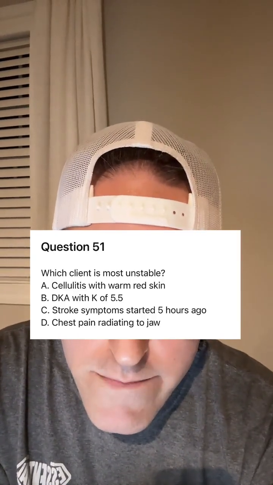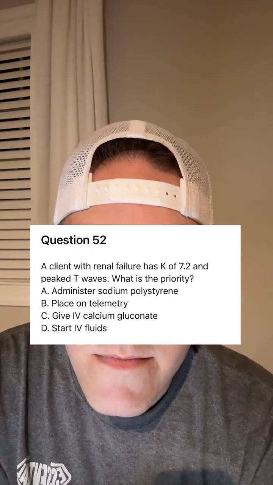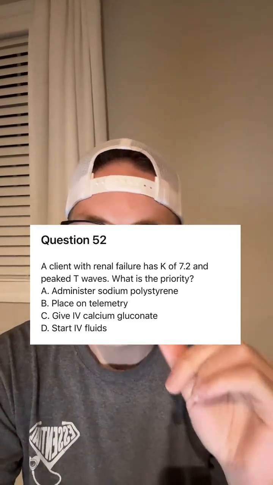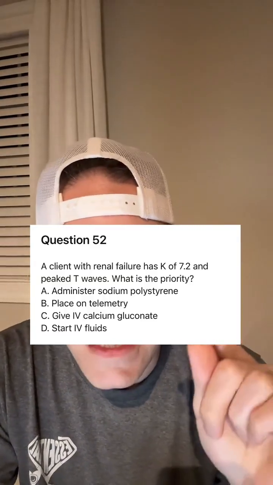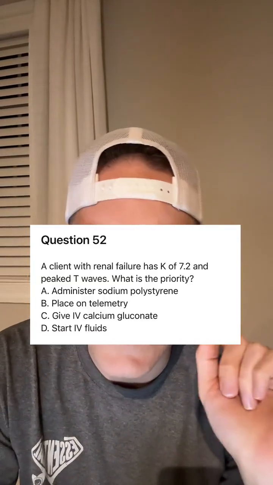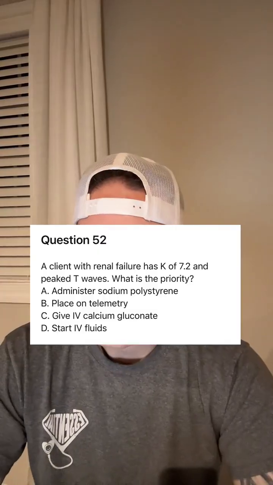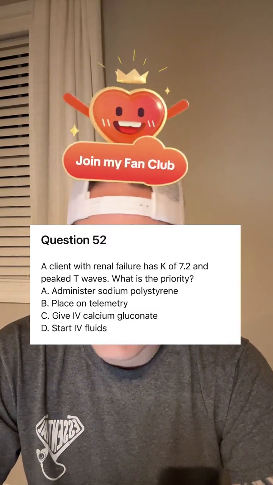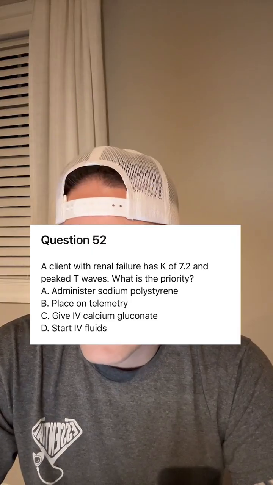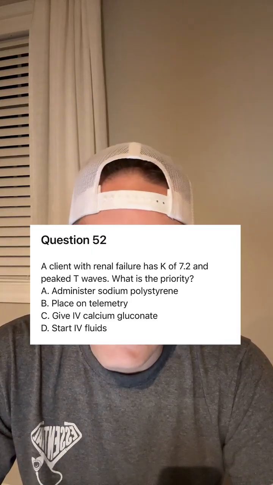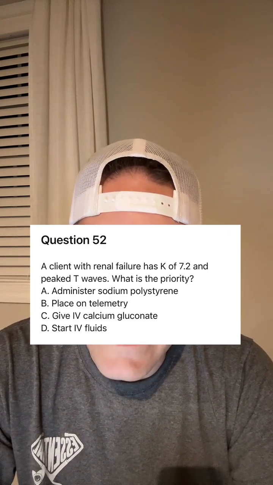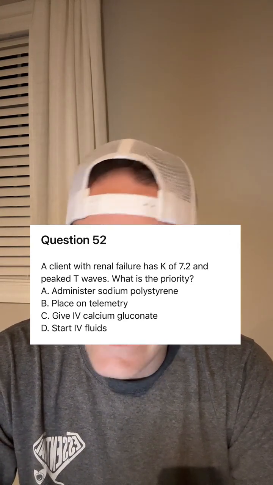Boom. 52. Oh, we're a minute behind schedule. We got to go. A client with renal failure has a potassium of 7.2 and peaked T waves. What's the priority? Potassium 7.2 and peaked T waves. All right. So yeah, C, give that IV calcium gluconate.